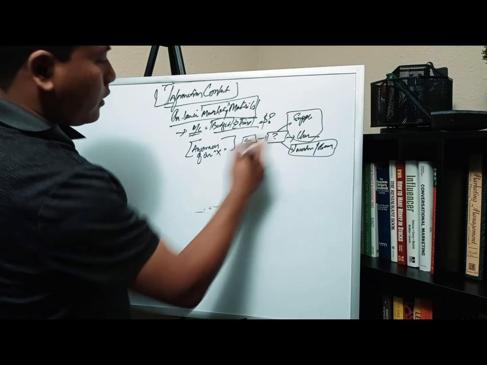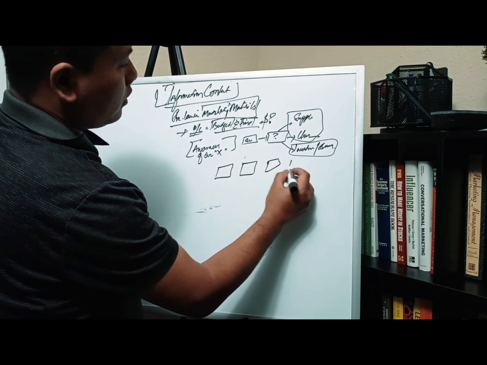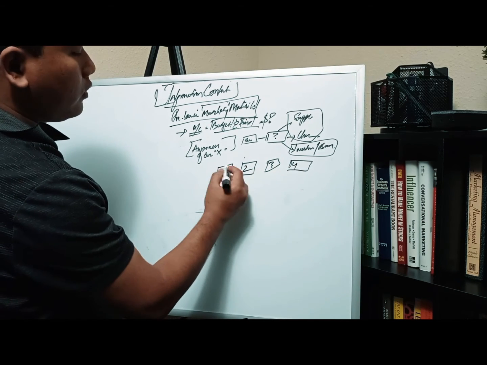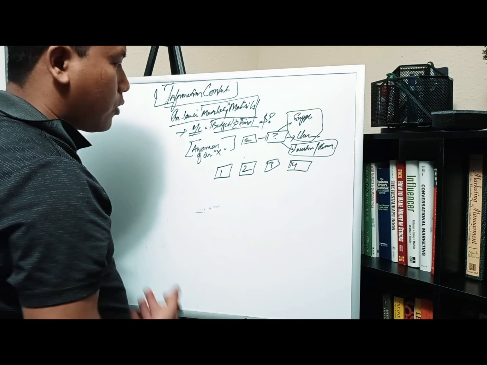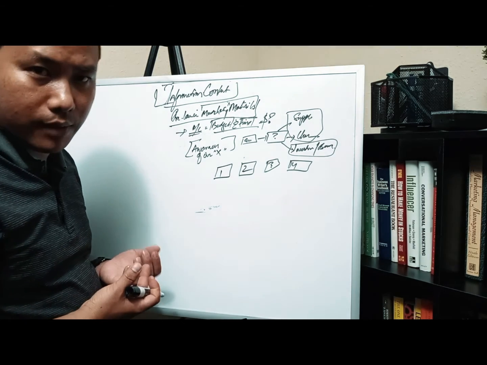So let's say I'm going to get 1, 2, 3, 4, right? These are the users who I think will be using my services or product. And I want to know what they have to say about my product.